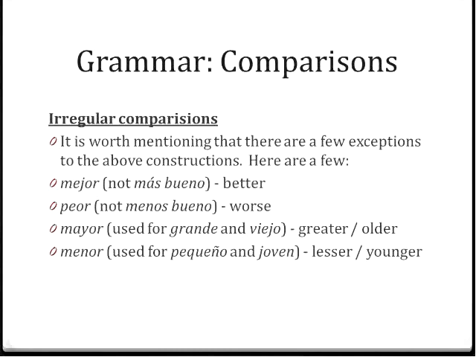So for mejor, we're not going to say más bueno or peor, menos bueno. We actually have our vocabulary that you need to memorize here. Okay. So we have mejor, peor, mayor, and menor.